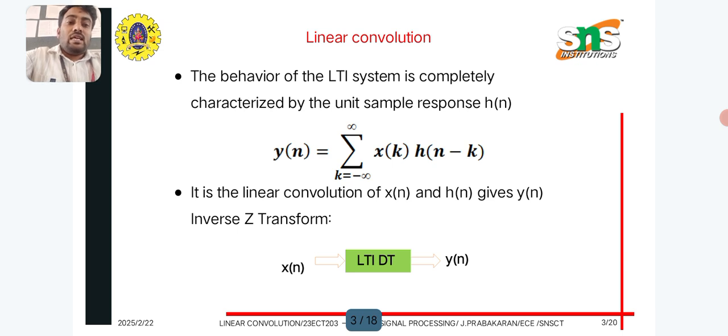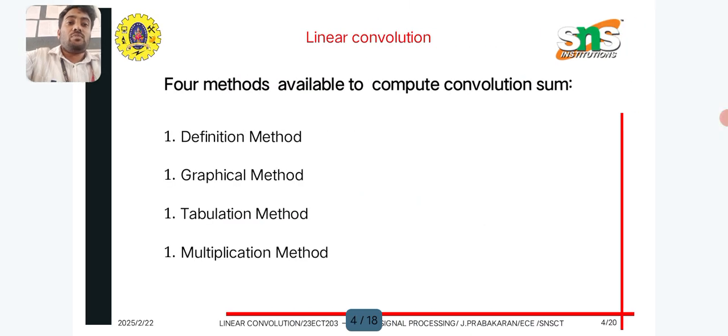Here you can see a linear time invariant discrete time system where the system input is x of n and the output is y of n. There are four methods available for linear convolution: the definition method, graphical method, tabulation method, and multiplication method.